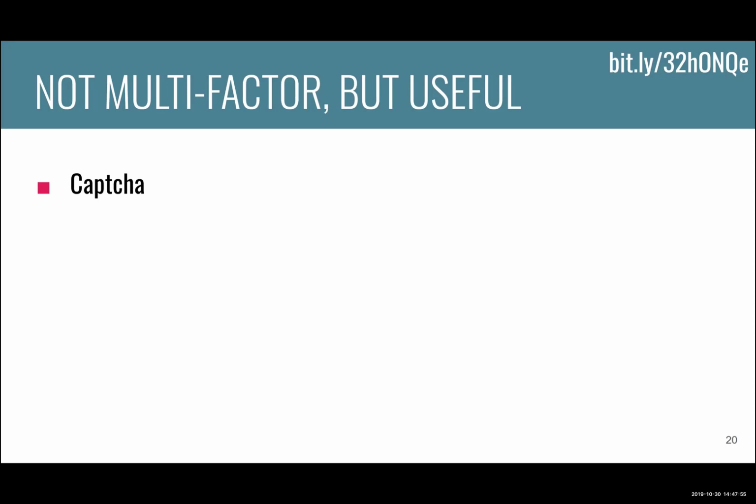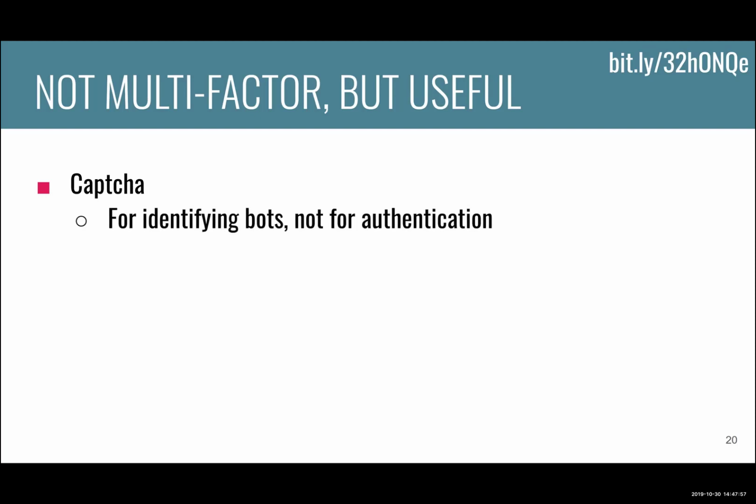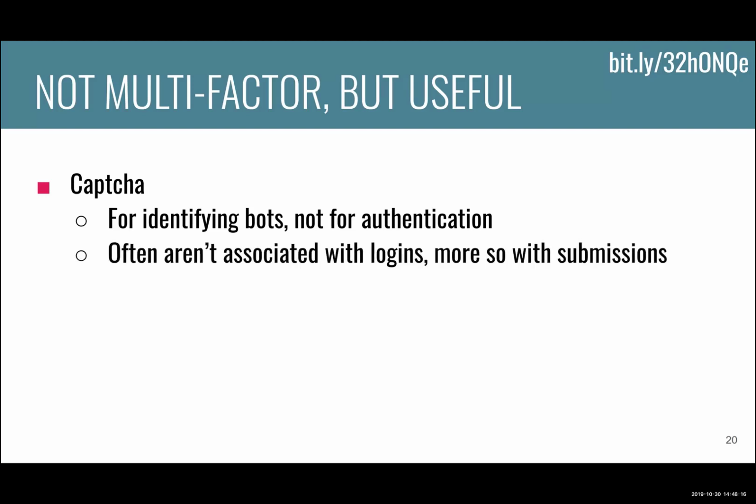Yep. So another thing that comes up around these conversations, but isn't directly related to authentication, is more related to submissions and making sure that bots are not submitting things. Typically you'll see this if you're submitting a form of some sort, or if you're uploading something. They are really there to figure out if you're a bot or not.